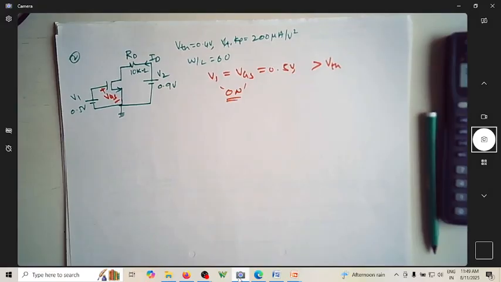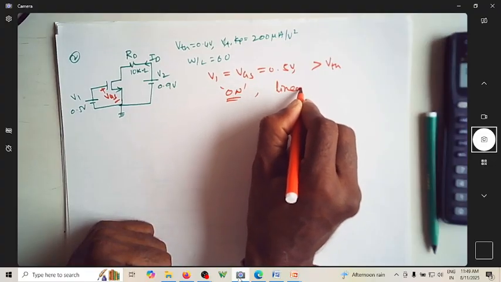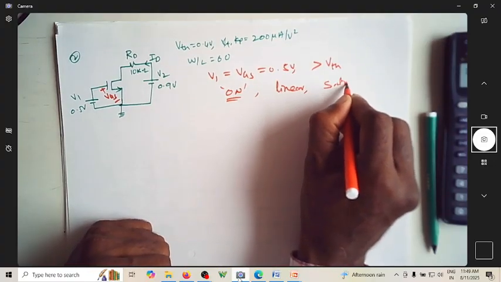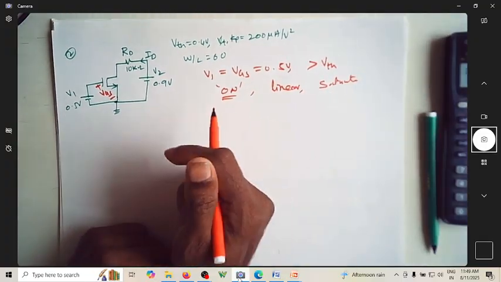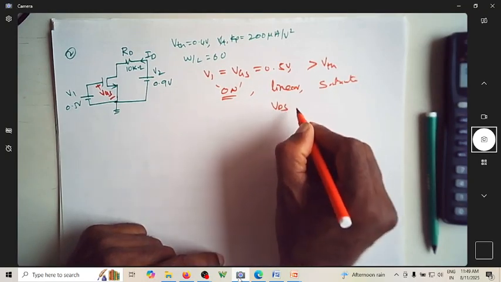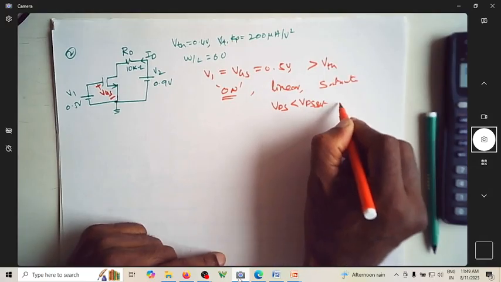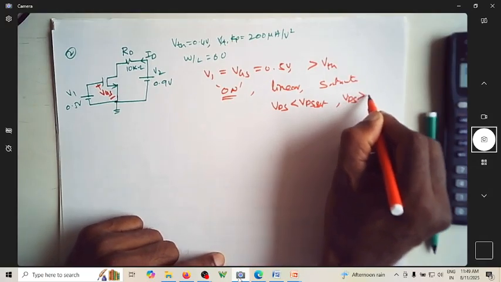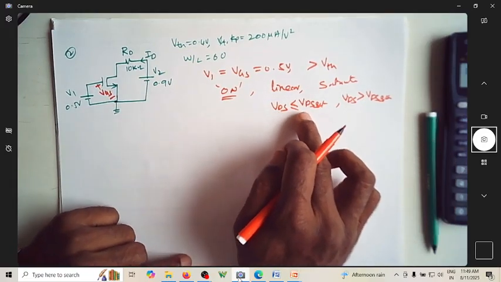Once it is on, we know that it can be in either the linear region or the saturation region. Out of these two, which region it is in depends on the value of VDS, whether VDS is less than VDS sat or VDS is greater than VDS sat. So this will say less than or equal to.